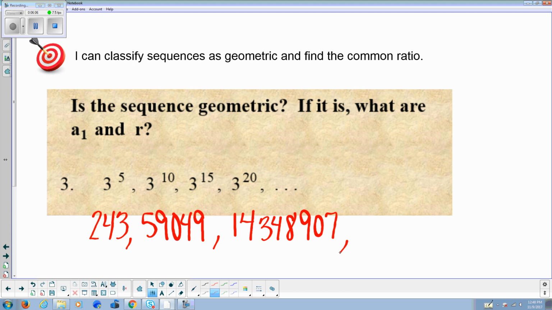And so on. And then do my division to see if I get a common ratio. But that probably is a little bit more work than necessary if you understand exponent rules.